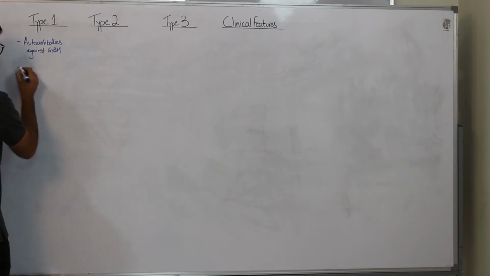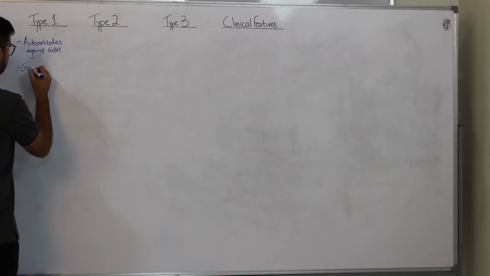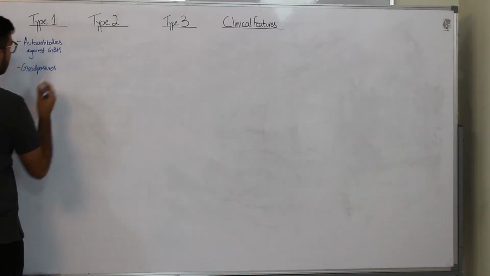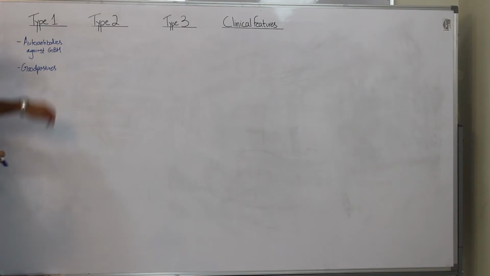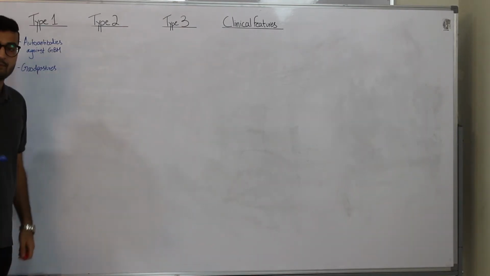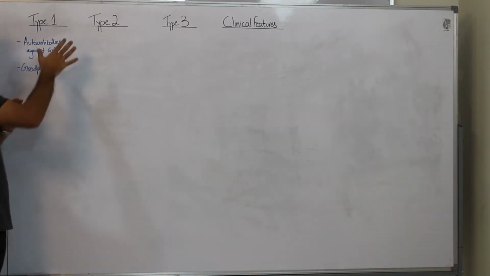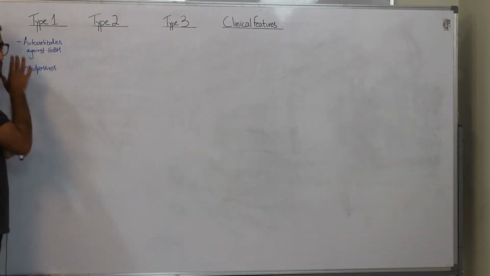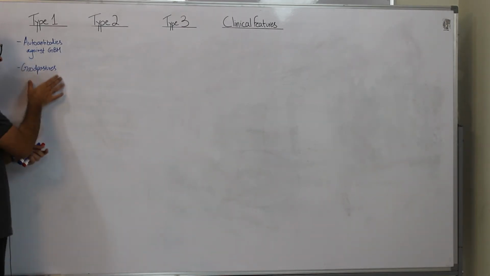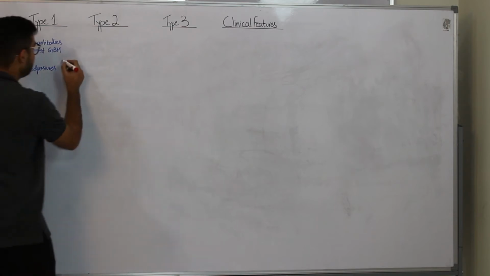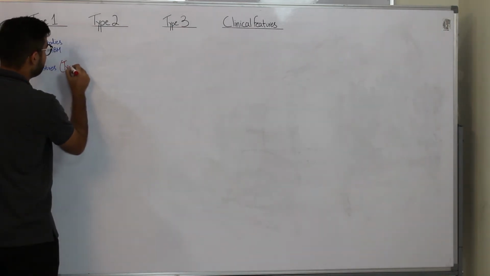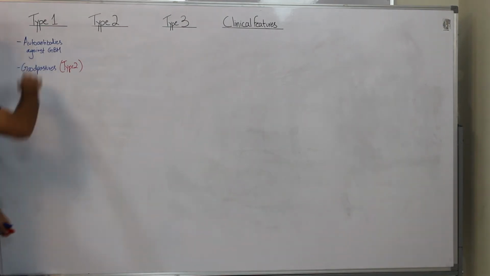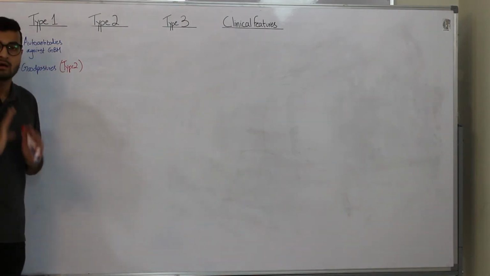So Goodpasture syndrome is basically autoantibodies against both your glomerular basement membrane as well as your lung parenchyma. So be it just the autoantibodies because of any idiopathic reason, or due to an autoimmune disease, Goodpasture syndrome, which is, by the way, a type 2 hypersensitivity, because you have autoantibodies present. So in either case, you have type 1 RPGN.